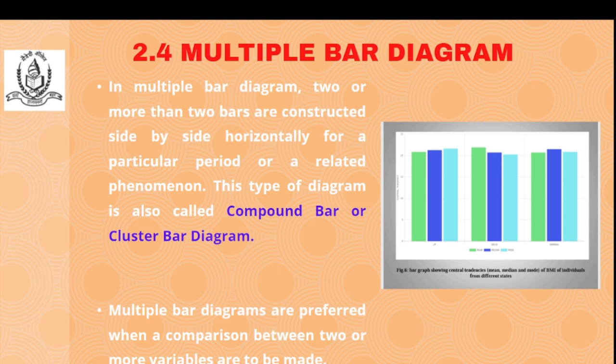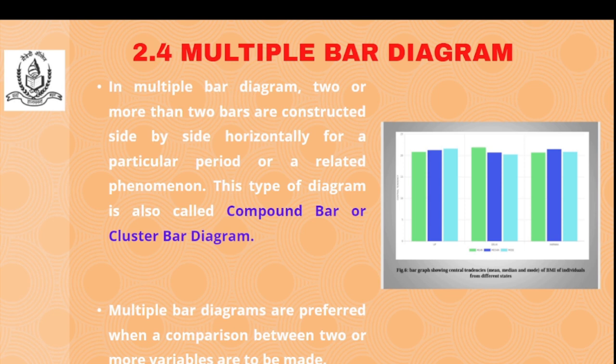One important point you must remember: in a divided bar diagram, different components of a variable are represented as different subparts of a single bar, but in a multiple bar diagram, different components of one particular variable are represented as multiple bars drawn side by side.